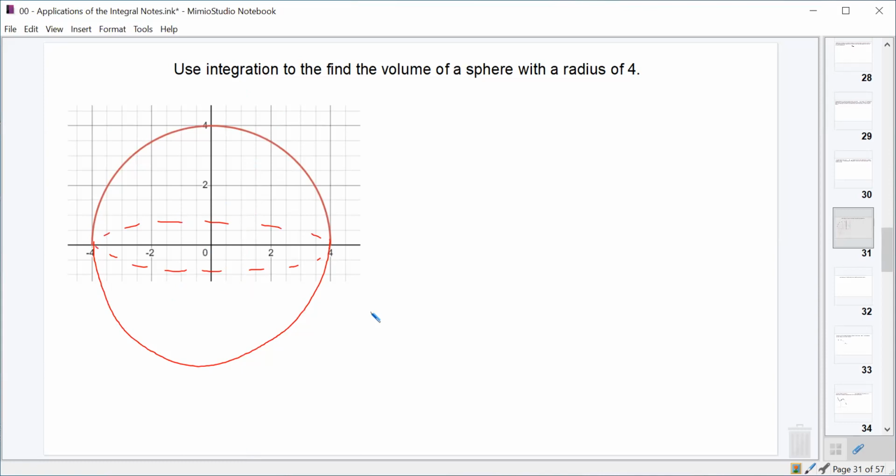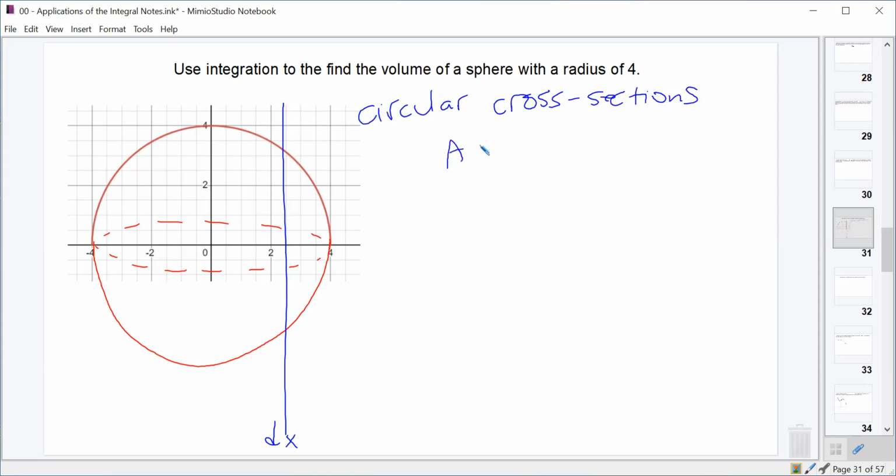So we're going to just take this and slice it perfectly vertically into an infinite number of little slices that have infinitely thin width to them of dx. And because those cross sections end up being circular cross sections, we know that the area of the face of one of these cross sections is pi r squared.